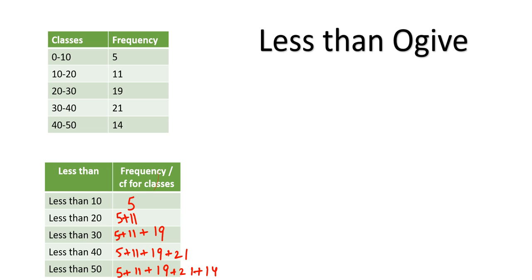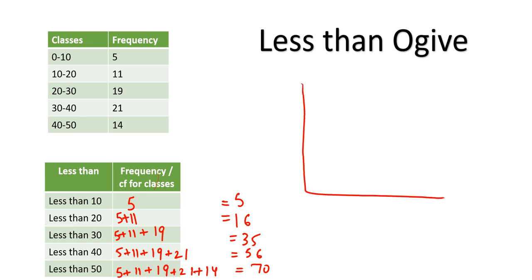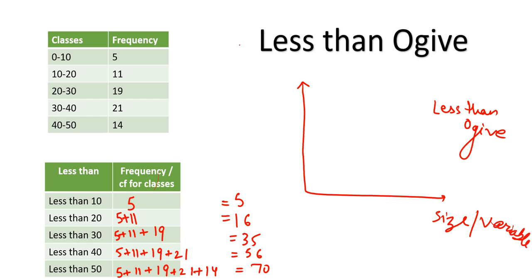Now let's see how we construct these ogives. First of all we draw the axes and we'll mark this as less than ogive. Again we'll mark on the x-axis the size, or maybe a variable, and over here we'll mark our frequency.